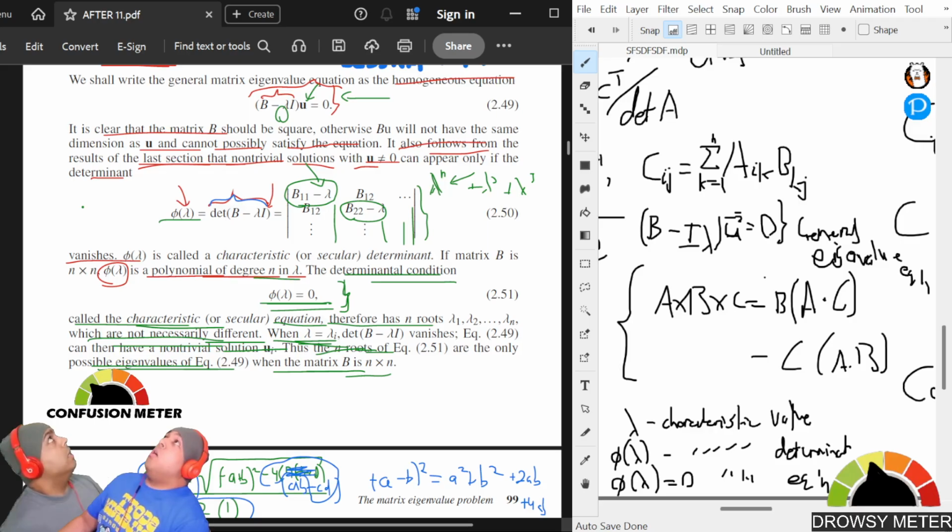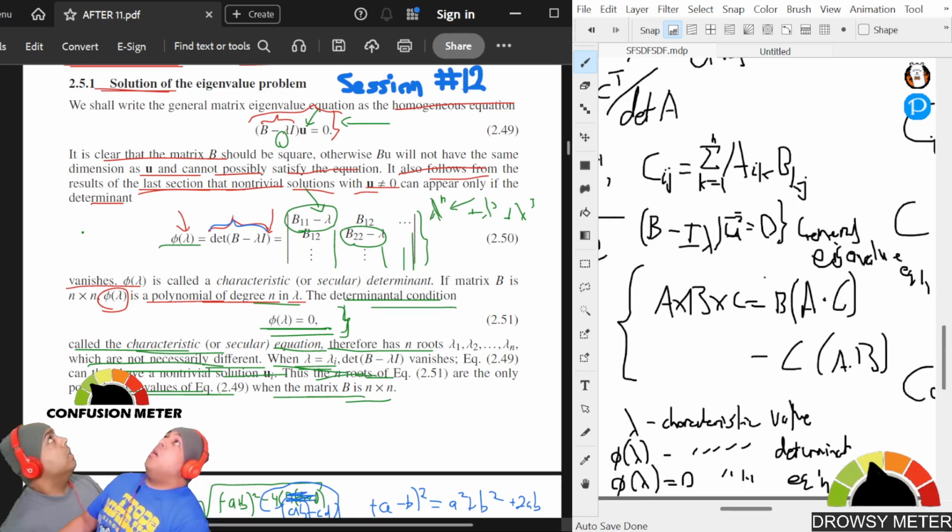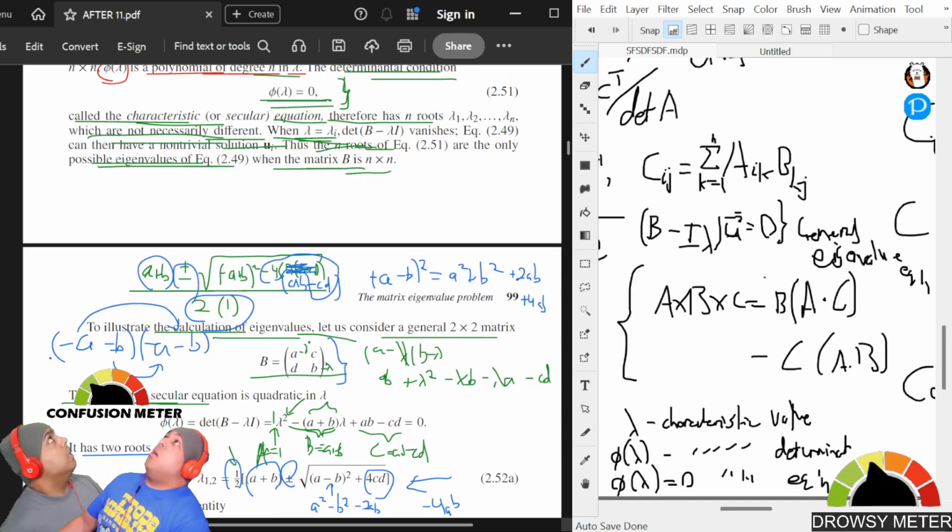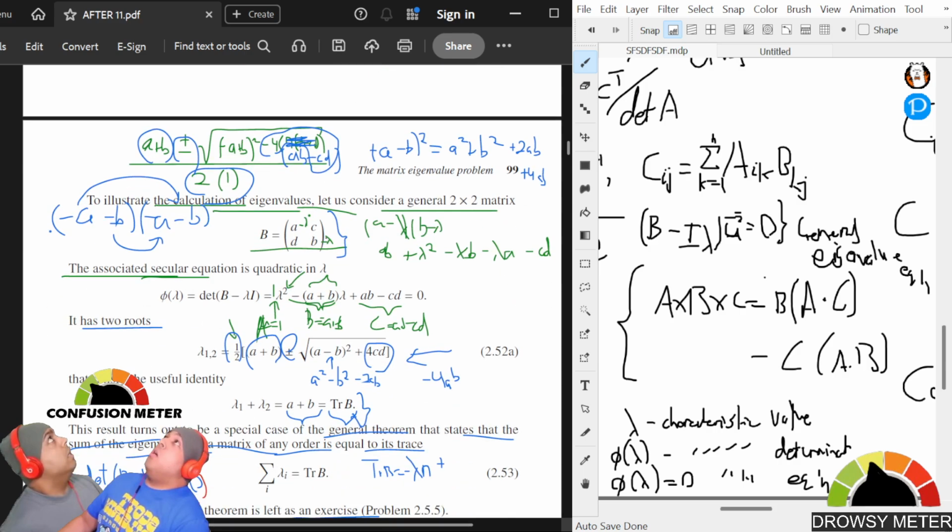That's just how roots are. This can then have a non-trivial solution u_i. Thus, the N roots are the only possible eigenvalues. To illustrate the calculation of eigenvalues.